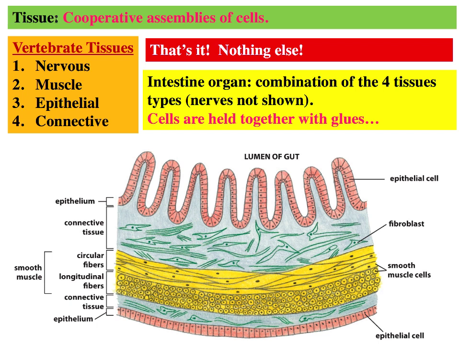So tissues can be defined as a cooperative assembly of cells which have a common purpose to give the tissue its functionality. The bodies of vertebrates are composed of 4 types of tissue, believe it or not. There's nervous tissue, there's muscular tissue, and there's epithelial tissue.